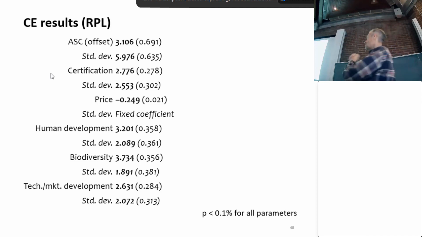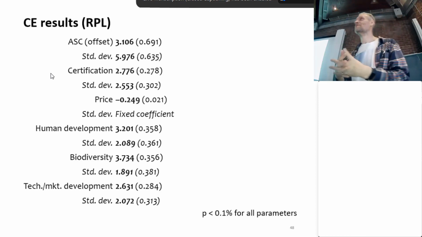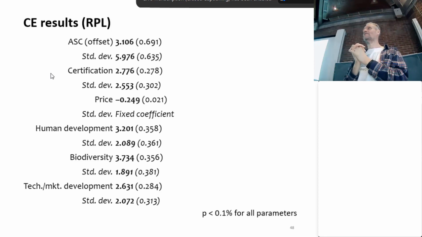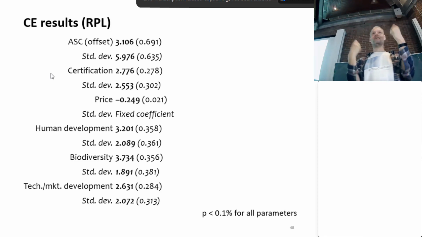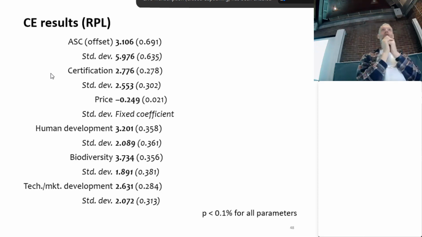And then the standard deviation that you see below this goes back to the remark that I made previously. If you want to get this published, you need to do fancy econometric things and fancy survey designs. It is the heterogeneity in the population, right? So the 3.1 is the average willingness to pay, which is significant, but it varied with a standard deviation within the population by a very significant amount.